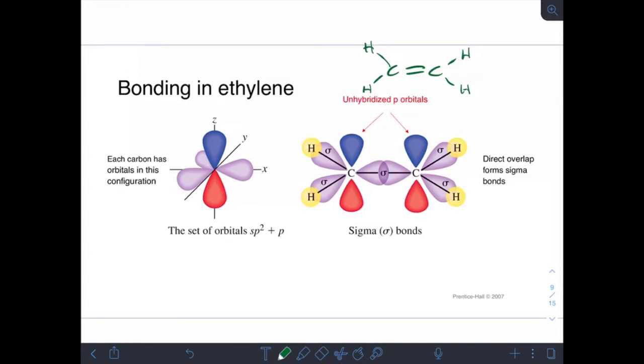We decided that each of these carbons is sp2, which means that we have 1 unhybridized p orbital, and that is this right here. Each of these purple ones is an sp2 hybrid.